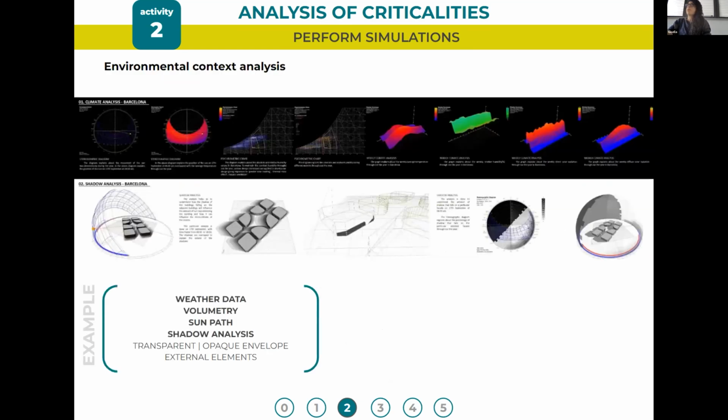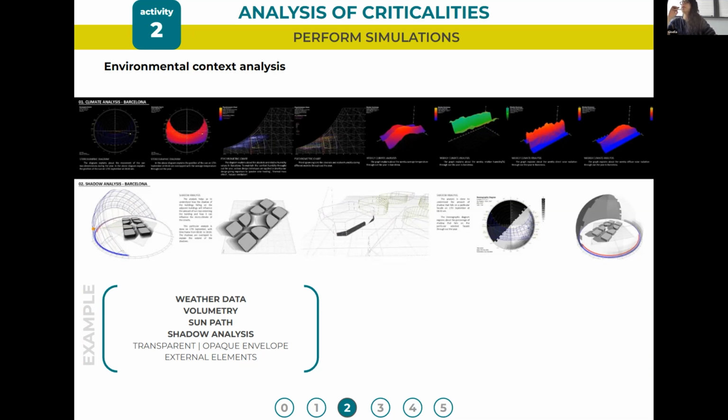Some examples of simulation tools are the ones that consent us to perform an analysis of the environmental context. Usually these kinds of simulation are done for new buildings. Instead, in this moment, we are always trying to understand the behavior of the actual building.